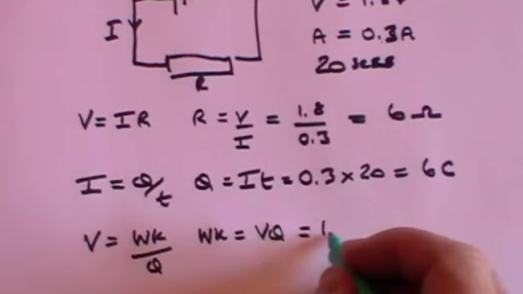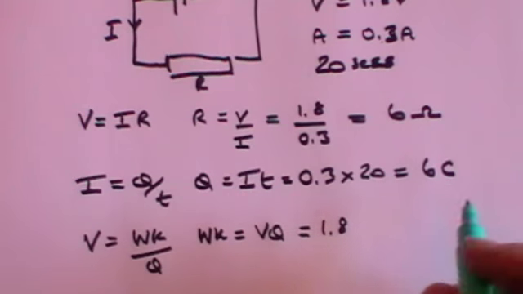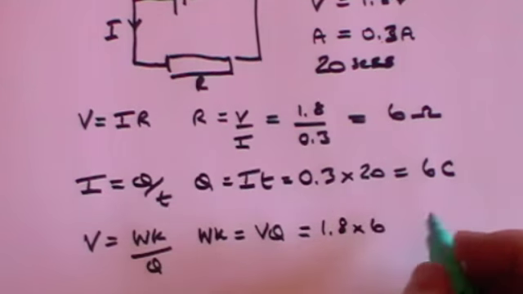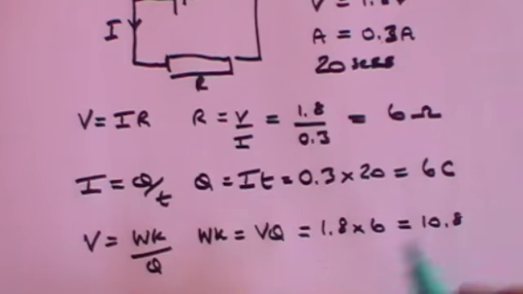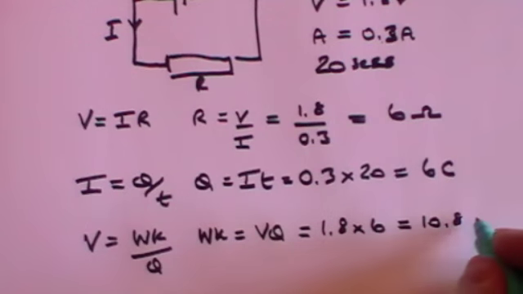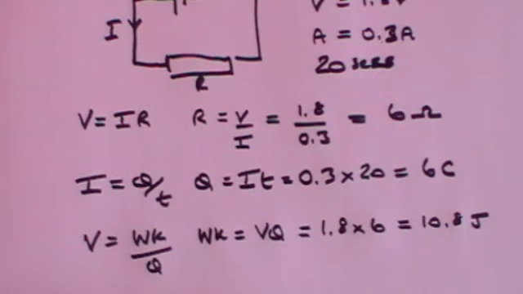So that's 1.8 times the charge, which you just calculated, was 6. And that gives you 10.8. This is the work done, so the unit of work or energy is joules. So 10.8 joules of work is done, or if you like, 10.8 joules of energy is supplied to drive 6 coulombs around that circuit in the 20 seconds that the circuit is open. That's how you use those 3 formulae.